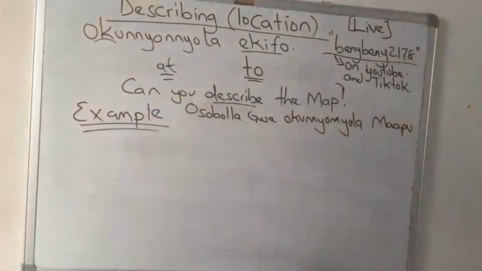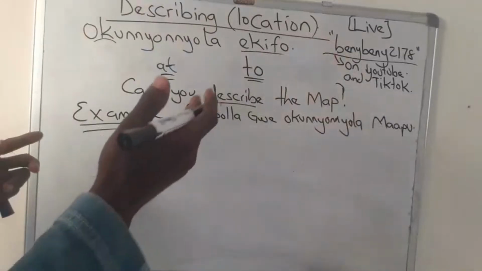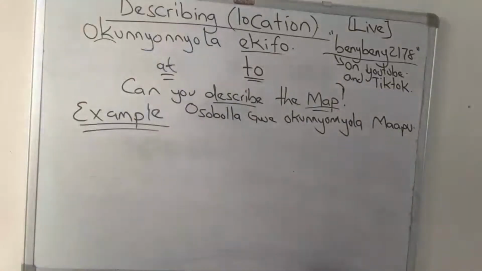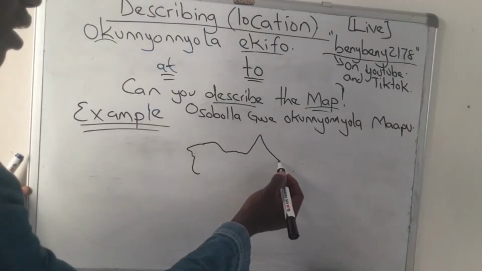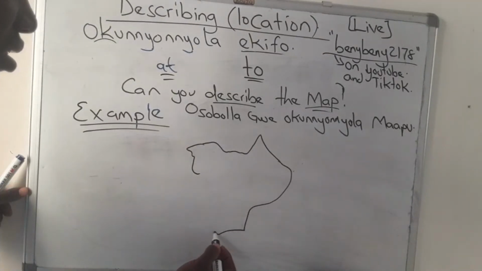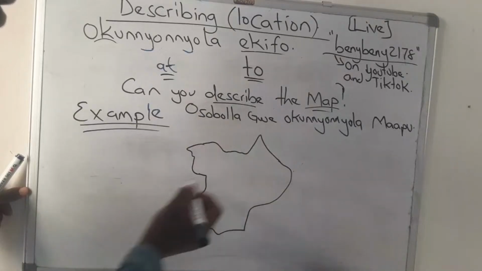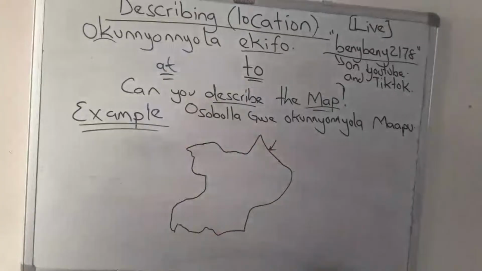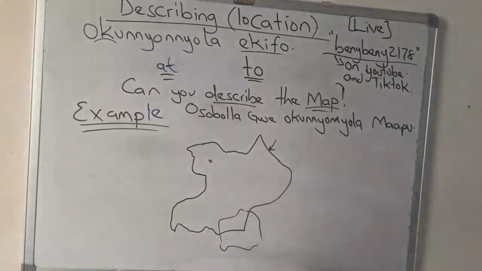So a map is like what they use to see the borders of a country. Every country has its own map. The map of Uganda looks like this. For those who remember geography, it is like this, our Uganda. This is what we call a map. A map can include forests, rivers, lakes and many other things.